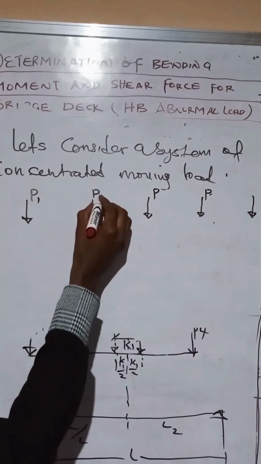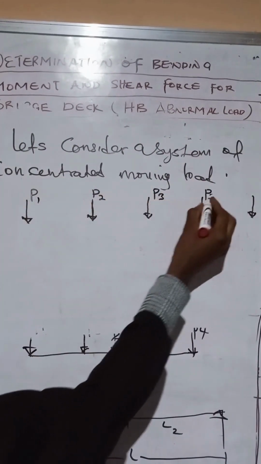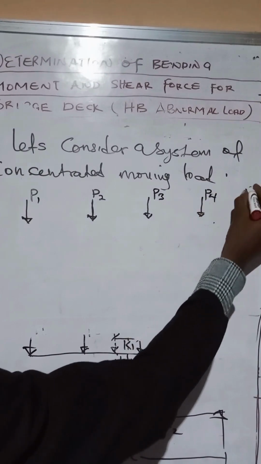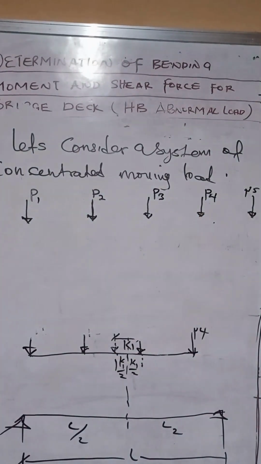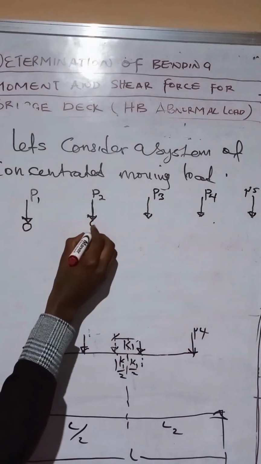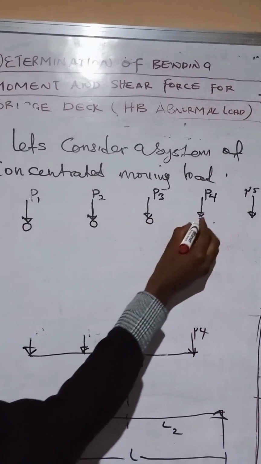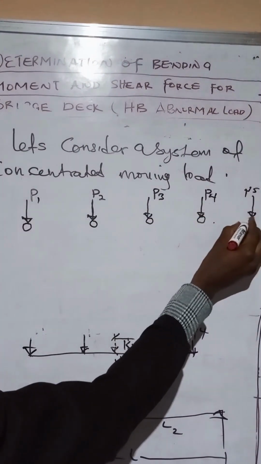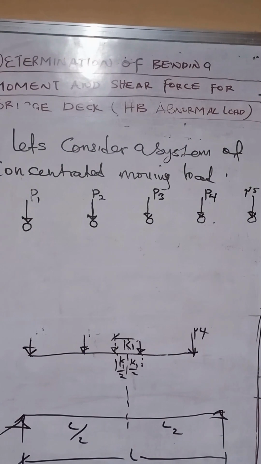We call it P1, P2, P3, P4, and P5. All right, so these are the loads we have. Let's assume it's a vehicle that is moving. It's a moving vehicle, and this vehicle intends to move on a simply supported beam.